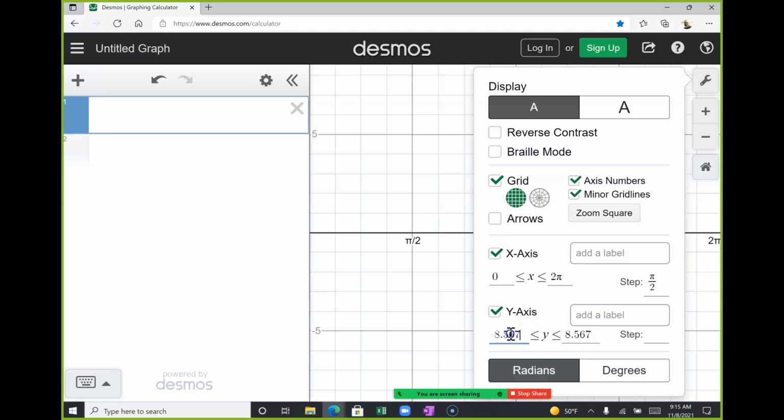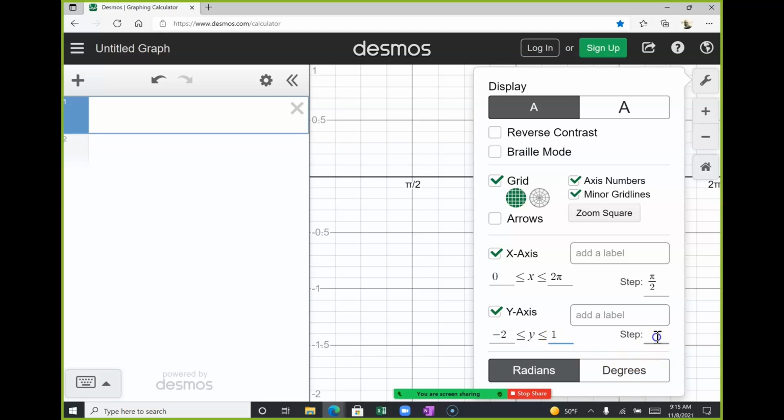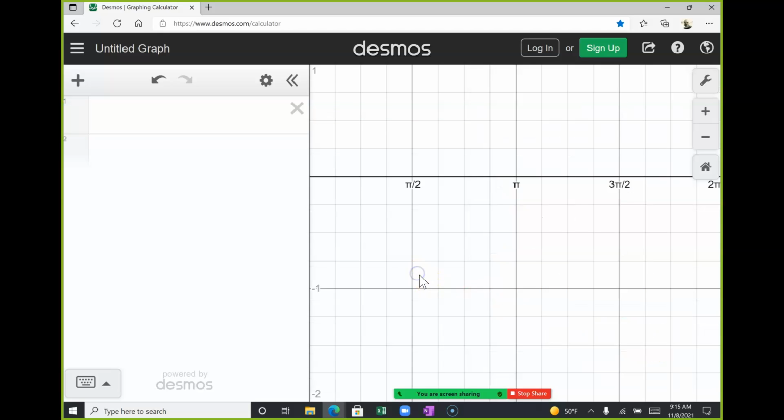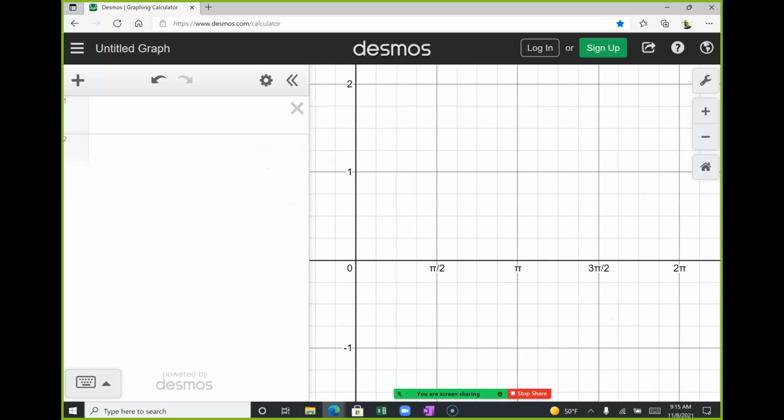My y-axis, it's because I know it's max 1, min minus 1, I'll just go negative 2 to 2. So there's a pretty good grid. Oh, did I go negative 2 to 1? It doesn't matter. I'm just going to drag it with my finger here. And I want to see that 2 pi.